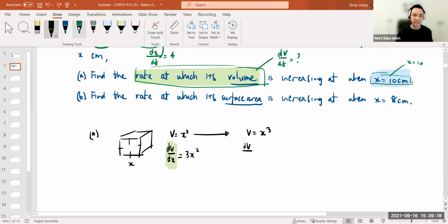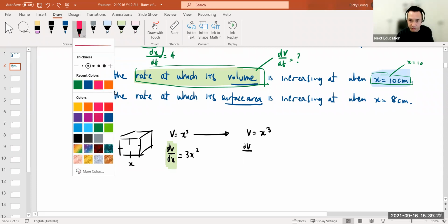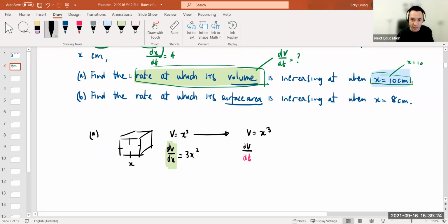Actually, I'll put dt in a different color just to demonstrate the point. Now, I know dV/dx is this; that's how I used to differentiate with respect to x.